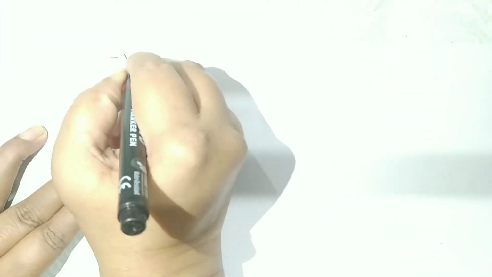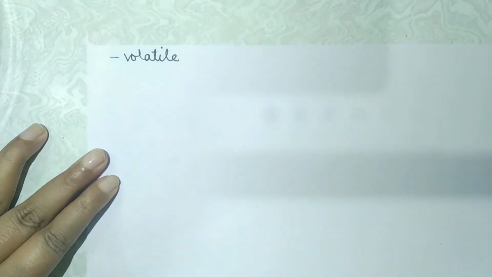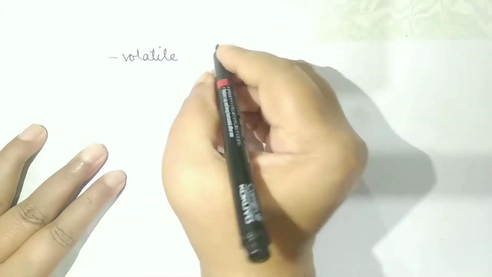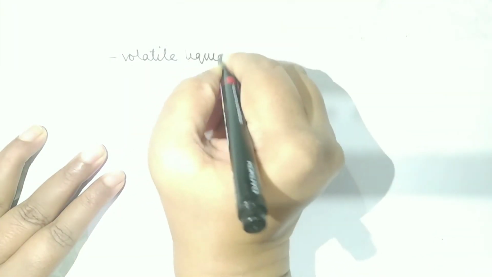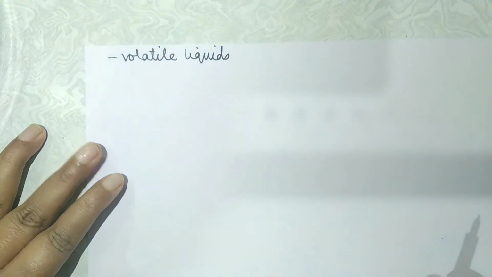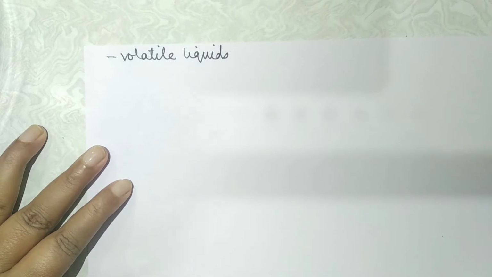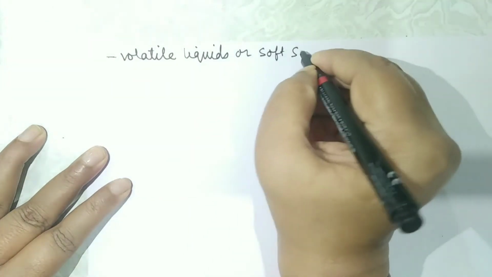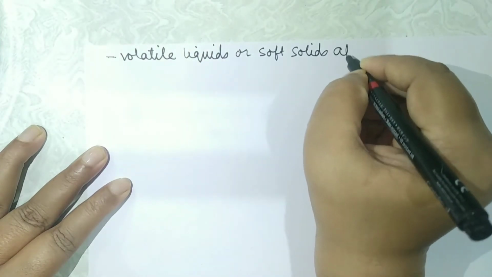Students, as I said, the bonds are very weak. So they exist as volatile, by this I mean that they are low melting. So they are usually volatile liquids, those which have these hydrogen bonds, they are volatile liquids or soft solids at room temperature.